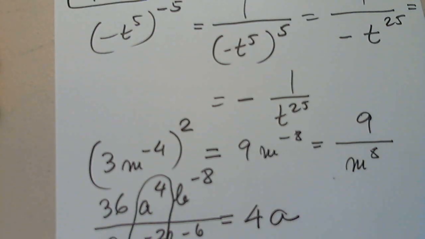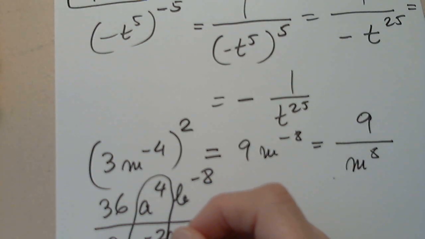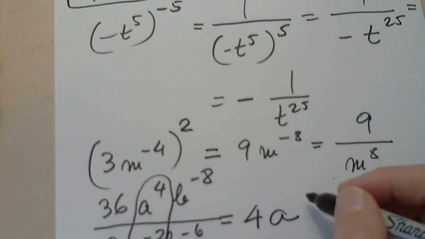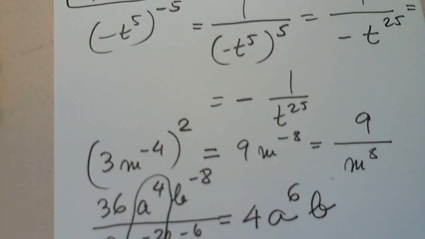Copy the base, and the exponent is 2? The exponent is 4 minus -2. 6? Perfect. Now we copy the base, b. -2?